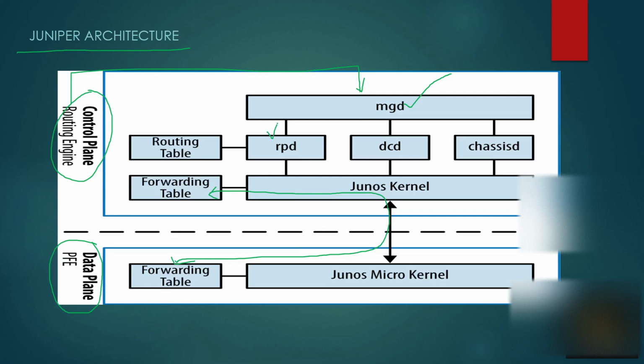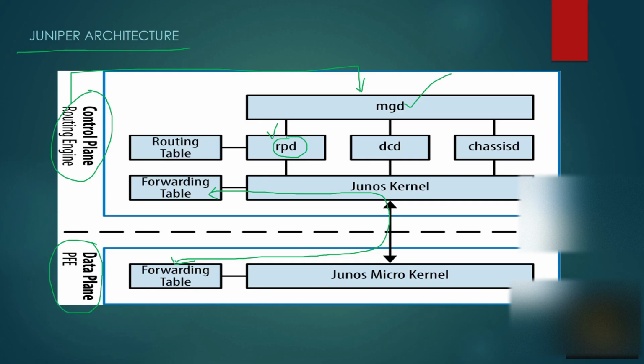Okay, so yeah, like that. And next one is RPD, routing protocol daemon. You guys are configuring routing protocols, right? Like a static route, default route, OSPF or BGP. Whatever the routing protocols you are configuring, that entire process is taken care of by RPD, routing protocol daemon.